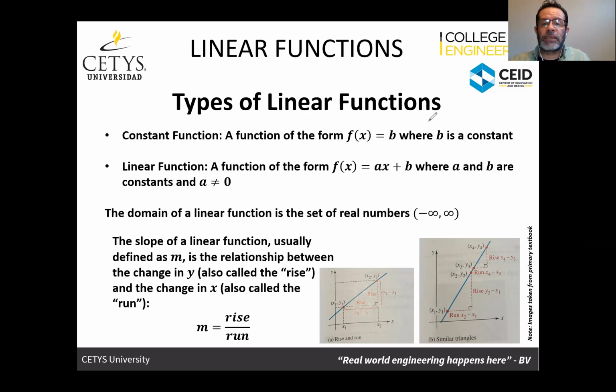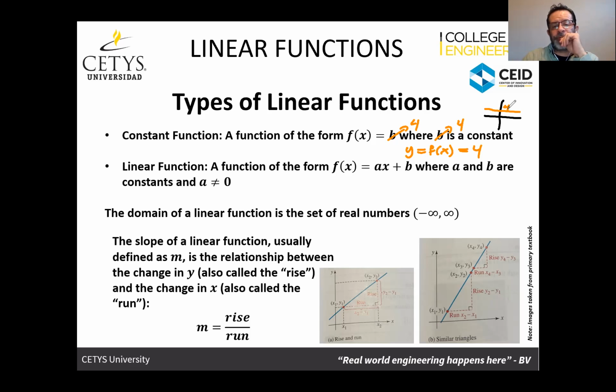So in this case, let's say that b is 4. Then that would mean that y, which is equal to f of x, equals 4. And if we graph that, that would mean that we would have a line, a horizontal line that crosses in 4. Okay, that's one type of linear function where we have a constant.